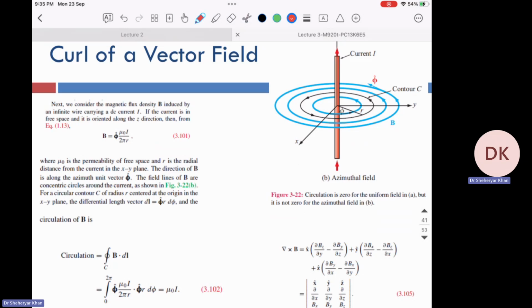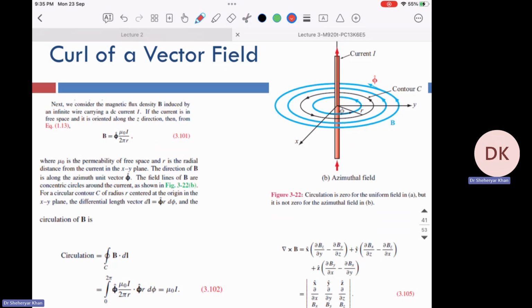So if you take a coil, take a conductor, pass a DC current, it will create a magnetic field, right? The strength of the magnetic field is directly proportional to the current. We learned in the very first lecture, mu naught I over 2 pi r. So B depends on the current: the higher the value of current, the higher the magnetic field.